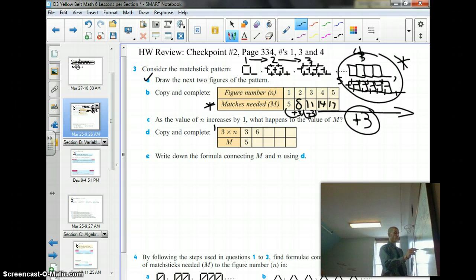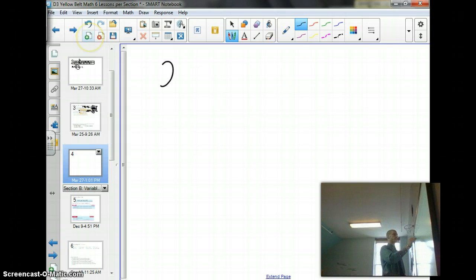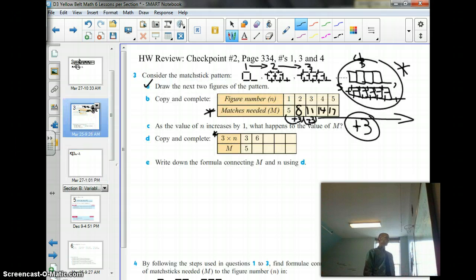Yesterday we had an equation, 2n minus 1, and that helped us solve for a bunch of different ones. We solved for n equals 100, n equals 5, 6. For this one, we're going to use 3n.